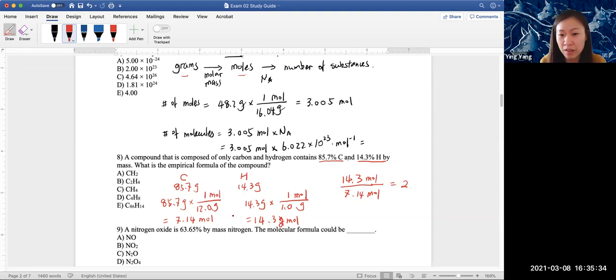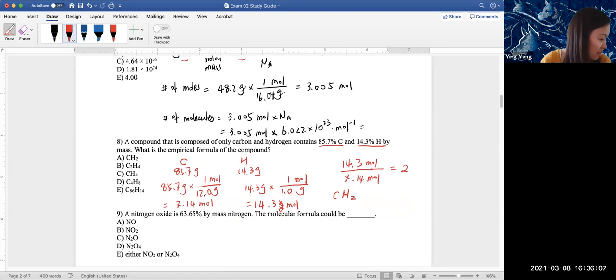So the molar ratio of hydrogen versus carbon is 2, and therefore the empirical formula has one carbon and 2 hydrogens. And here, always double check. You've already come so far and you got the ratio 2, but don't make the mistake of writing down C2H. So always double check which one has more atoms. So the correct answer here is A.